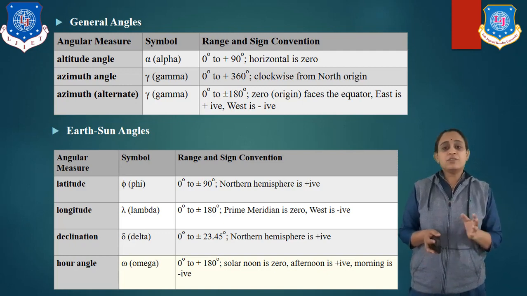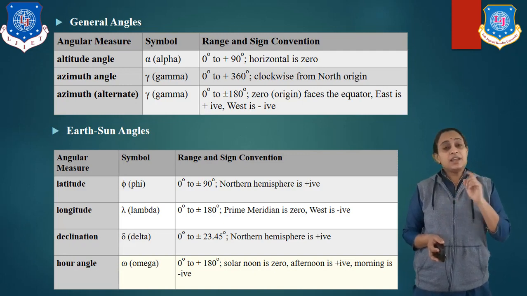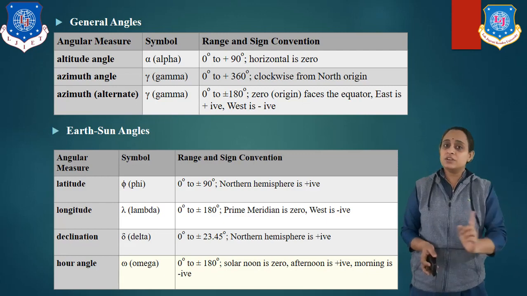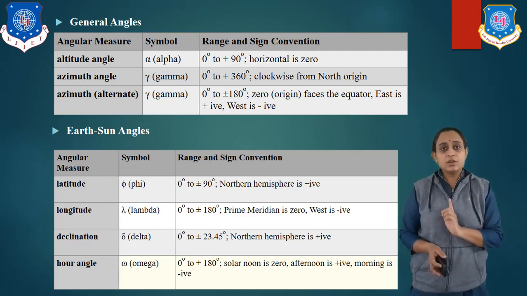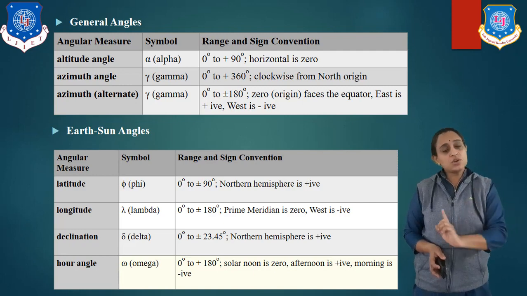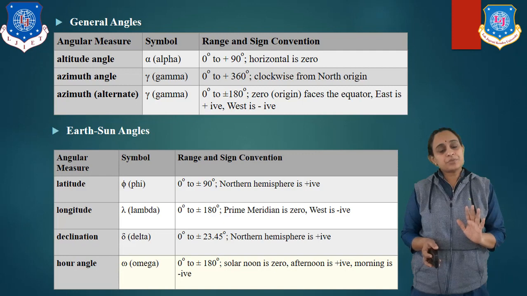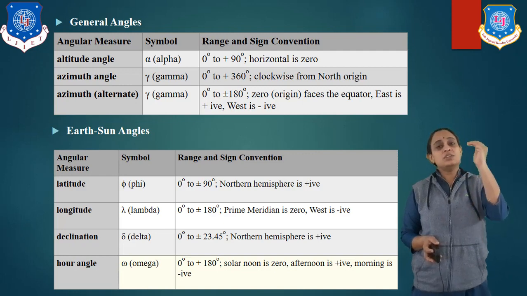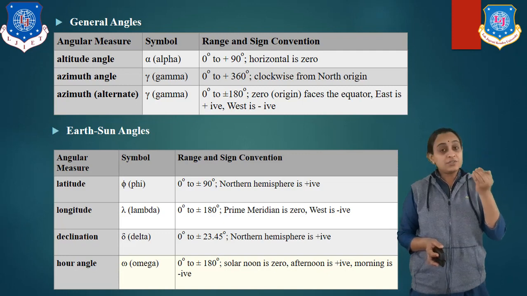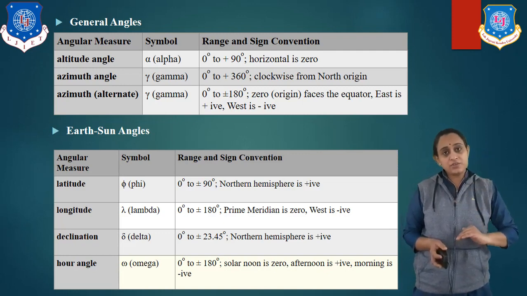If we are considering latitude, it means it is at the periphery of the earth's surface in the horizontal manner. We need to consider the equator, and at the equator the angle is 0. If it is at the northern hemisphere, all these angles are considered positive. If they are below the equator, they are considered negative angles.